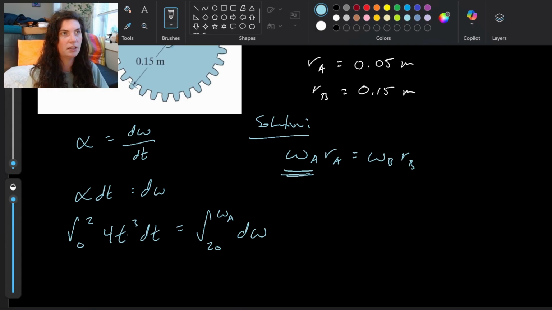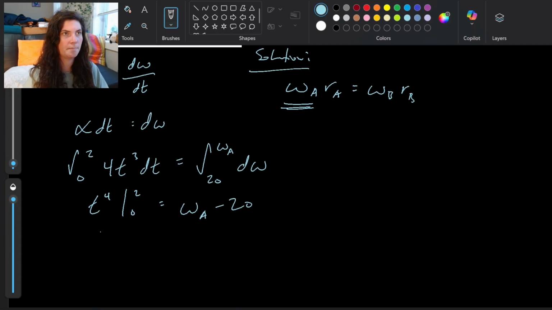When I take this integral, I'm going to get t to the 4th from 0 to 2 equals omega A minus 20. So here I get 2 to the 4th plus 20 gives me omega A, which is an angular velocity of 36 radians per second at t equals 2 seconds.